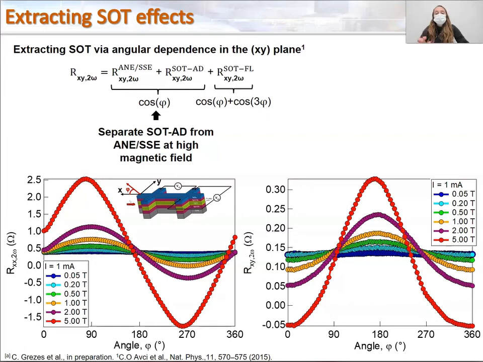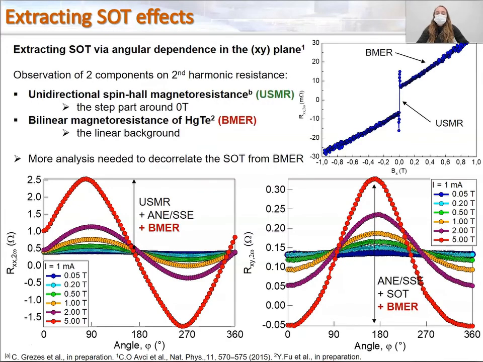This strong signal is characteristic of an intrinsic property of the mercury telluride topological insulator called the bilinear magnetoresistance, BMR. As seen in the top figure, the second harmonic longitudinal resistance is actually composed of 2 components. The first is the step part around the zero field that corresponds to the USMR of the HgTe ferromagnet system.